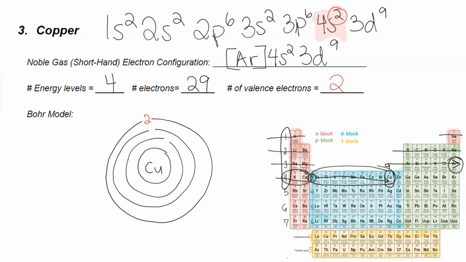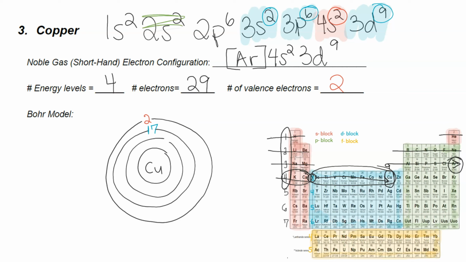Next, we'll go back to energy level number 3. So we have 3s2, 3p6, and 3d9. So we need to add these numbers up. 2 plus 6 plus 9, so that gives us 17 electrons in that 3rd energy level. Next, let's do energy level 2.